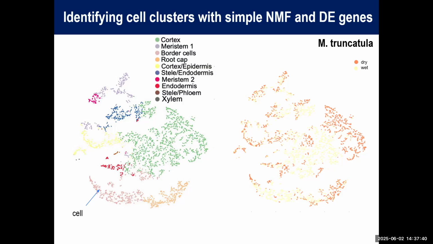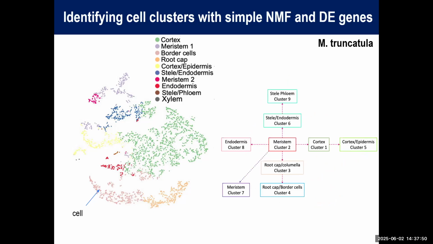With the help of ANLAB, we identified and annotated the specific cell types we have. These are all parts of the plant, and we identified what the lineage tree looks like, basically how these different tissues like meristem, root cap, and others are related to each other.